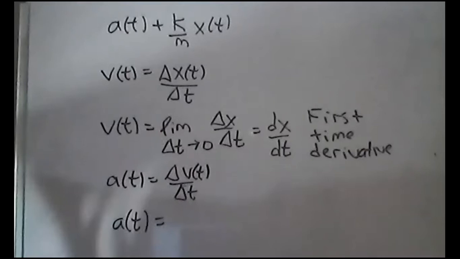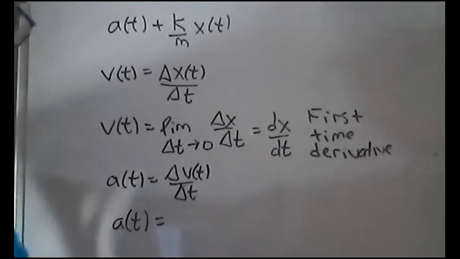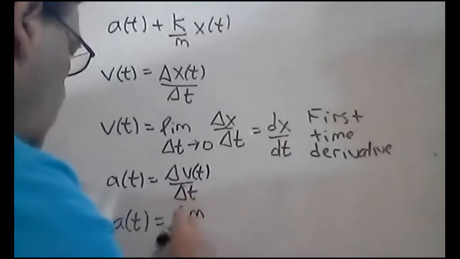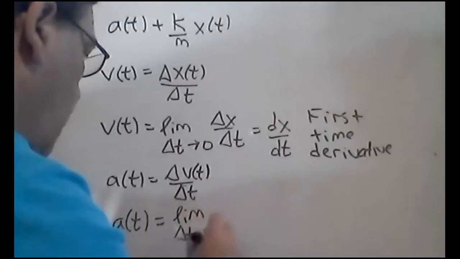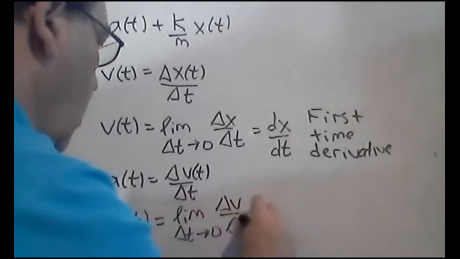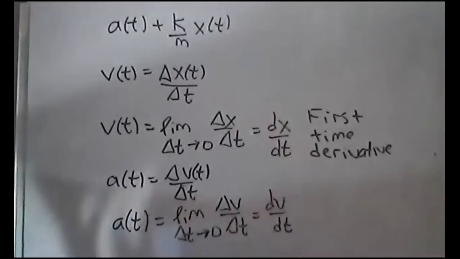That's all calculus is. So for people who think calculus sounds like a scary word, it's no big deal. The limit as delta t approaches 0 of delta v with respect to t, which we refer to as dv dt, is the first time derivative of velocity.